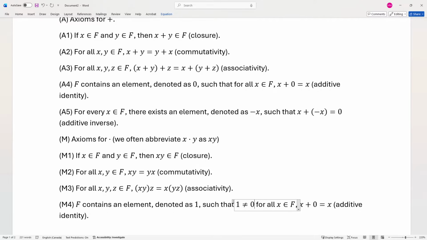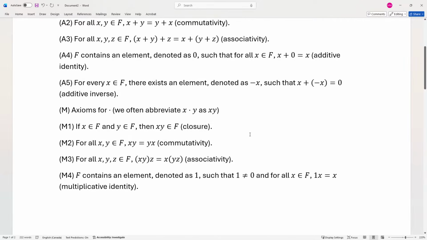So therefore we add this requirement that 1 is not equal to 0, so the additive identity and the multiplicative identity are distinct. That's in the axiom. Now for all x in F, x times 1, or 1 times x, equals x. This is the multiplicative identity. All right, so that's M4.